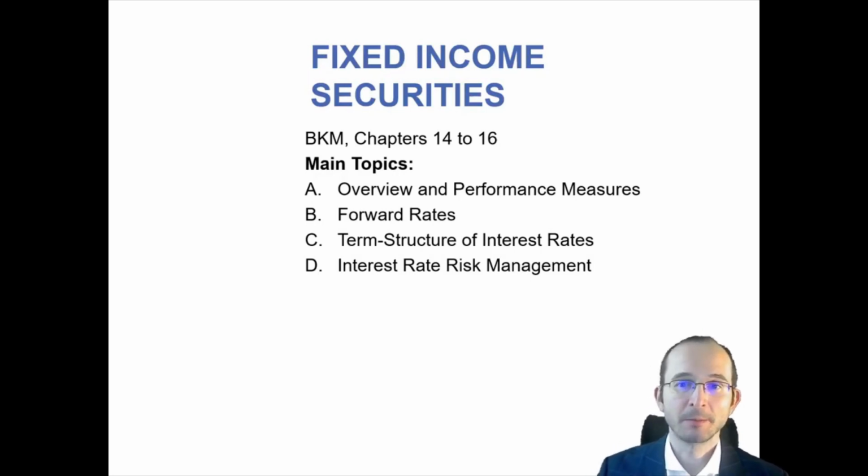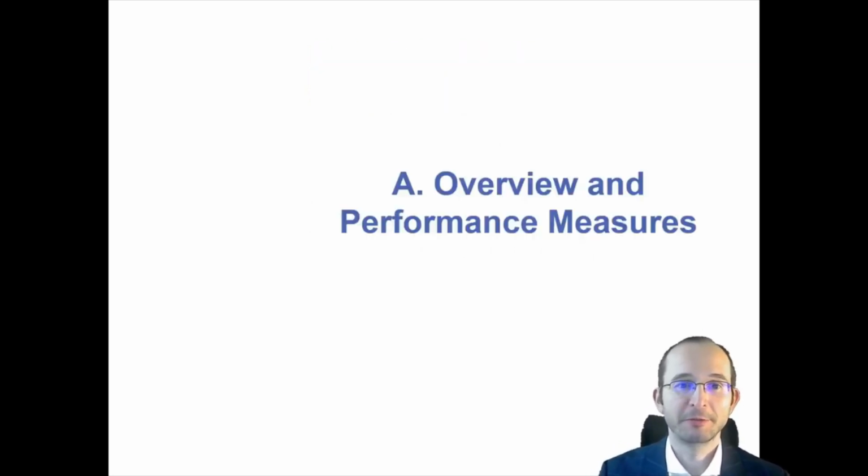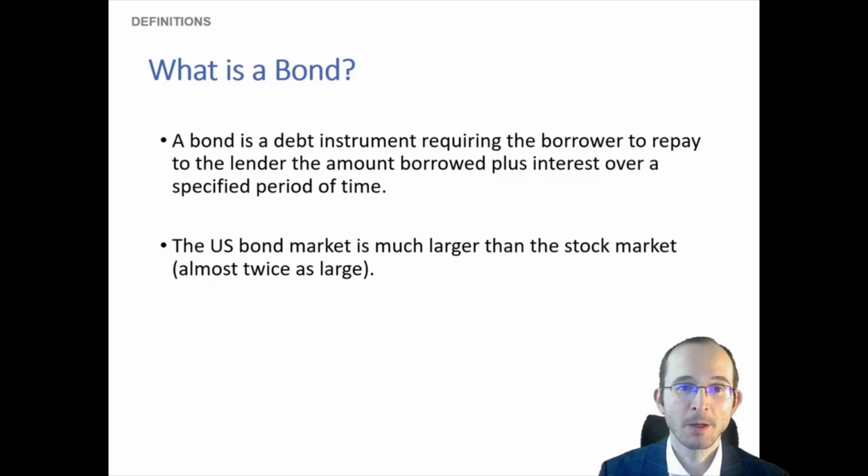So let's begin with a discussion of bonds and specifically their performance measures. In our initial discussion about the landscape of financial assets, we talked about some of these definitions already. We know that a bond is a debt instrument.